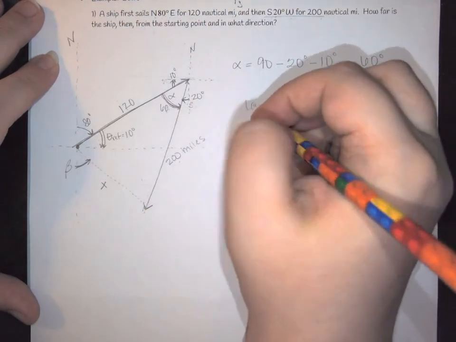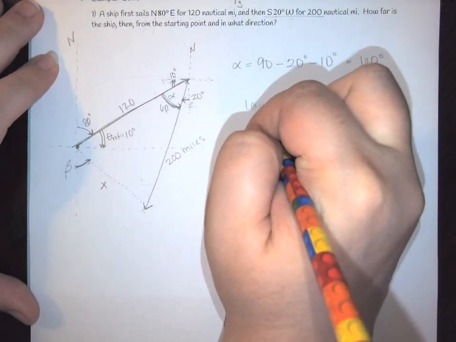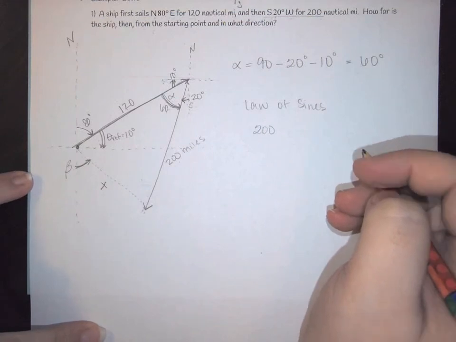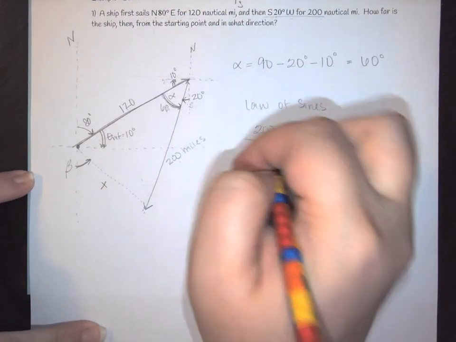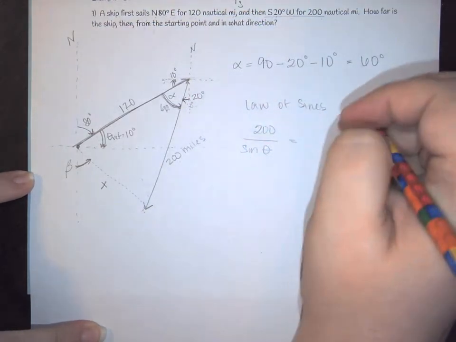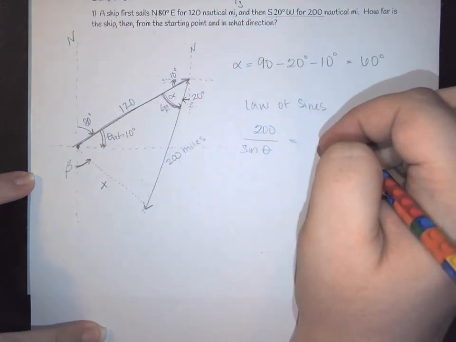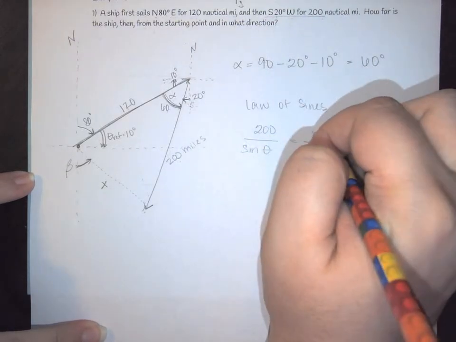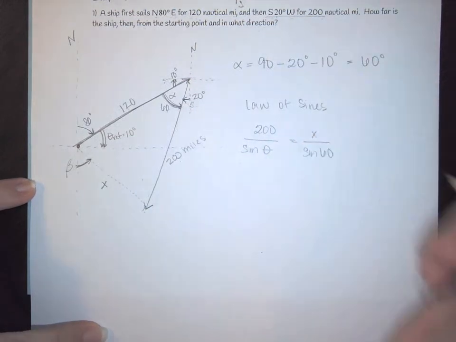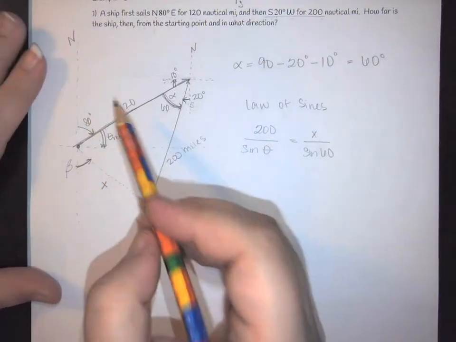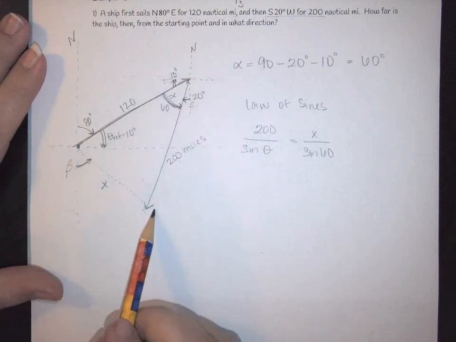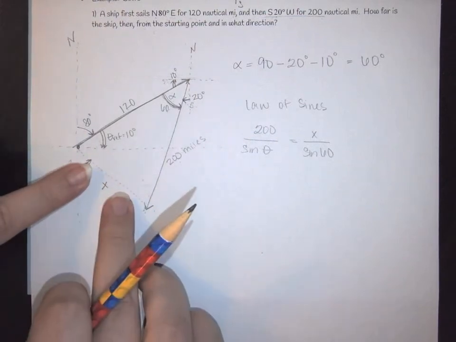So we have 200 over the sine of my angle is equal to x over the sine of 60. Okay. Well, the angle here is this big, huge, giant one, and my x I don't know. So I need to find my x.